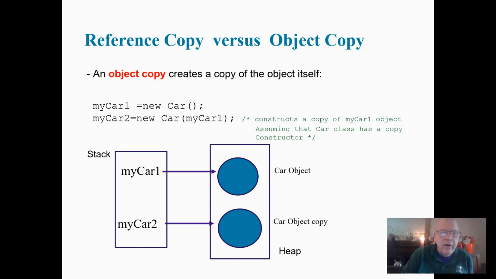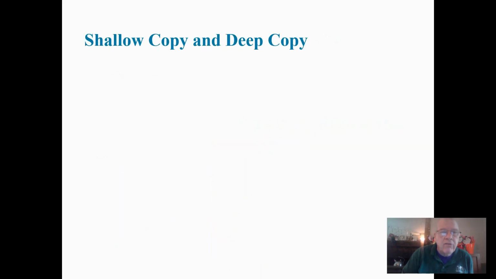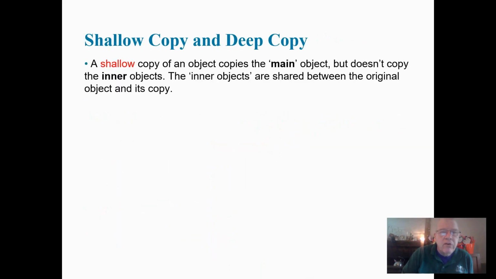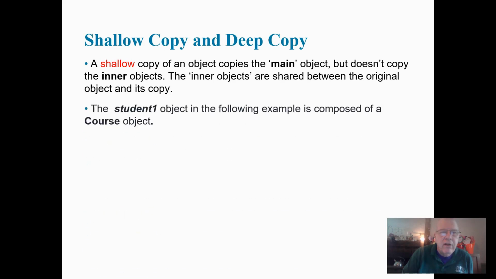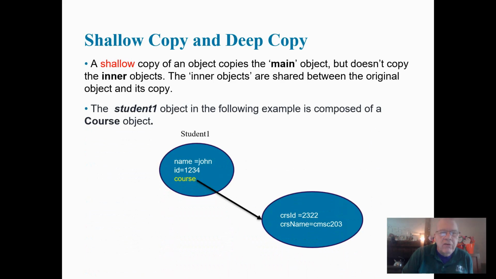The question is, are there any internal objects, an object inside the car object? If so, then that's called a shallow copy. So a shallow copy copies the main object but doesn't copy the inner objects. So the inner objects are shared. Student1 is composed of a course in this example.